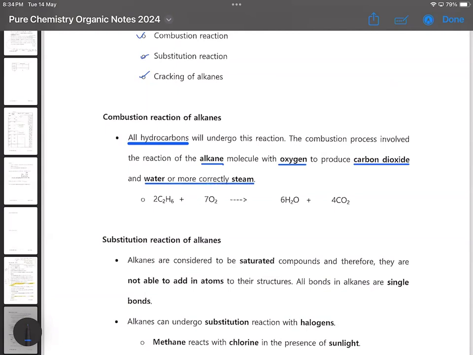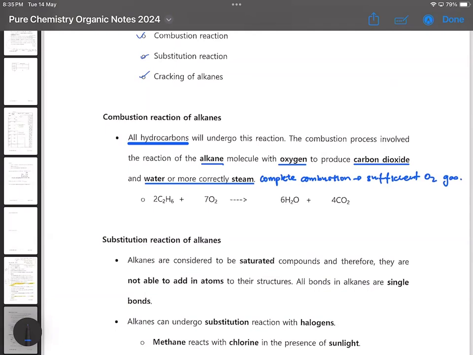So this is a typical reaction. Now, when this occurs, this is called complete combustion. Complete combustion occurs when you have sufficient oxygen gas.